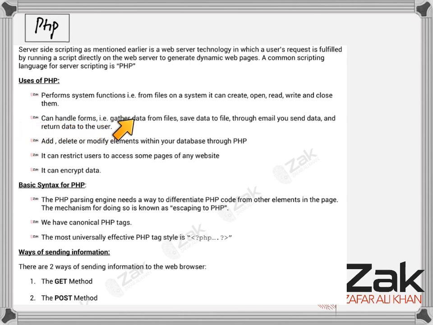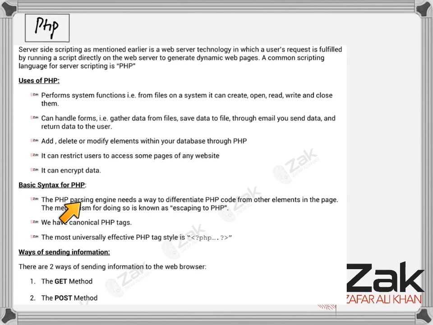It can handle forms, gather data from the form, save data to a file, and through emails send data and then return the data to the user. It can add, delete, and modify elements within our database through PHP. It can restrict users from accessing some pages of a website. It can encrypt data.